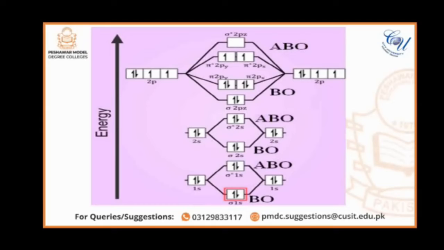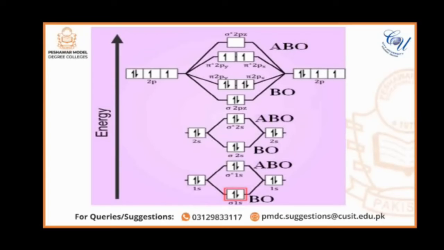The filling of electrons is according to the Aufbau principle, which says that electrons are filled in different orbitals in order of increasing energy. Therefore, we will fill 6 electrons in the 3 bonding molecular orbitals first and only 2 electrons are left for the anti-bonding molecular orbitals.